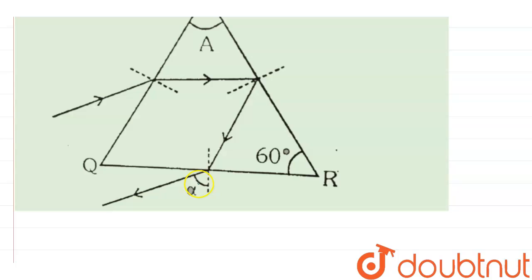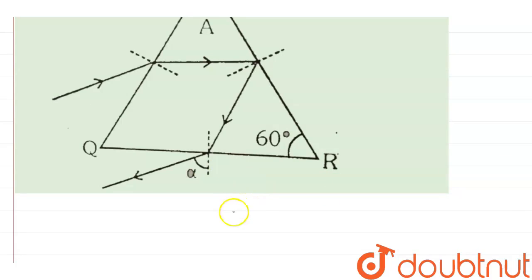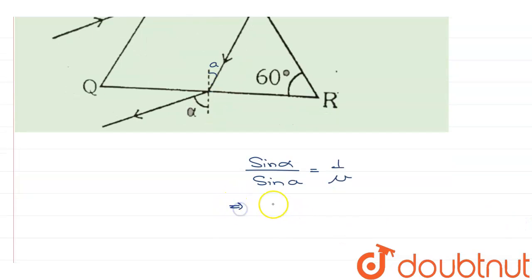So this angle is alpha. So at this junction, if I apply Snell's law, let's say this angle is A. So sine alpha by sine A should be equal to 1 by mu, which means sine alpha is equal to sine A by mu.